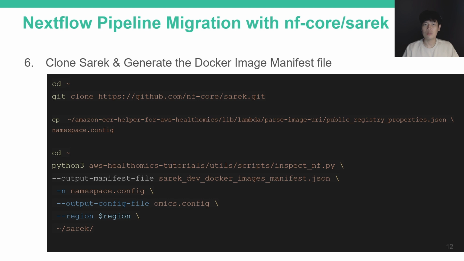You can change the output name in the following command. Two outputs will be generated from the command. The first one is a Sarek dev docker image manifest.json, a JSON file, and the second is omics.config, a config file. It's just a name, but don't forget to declare the region later.